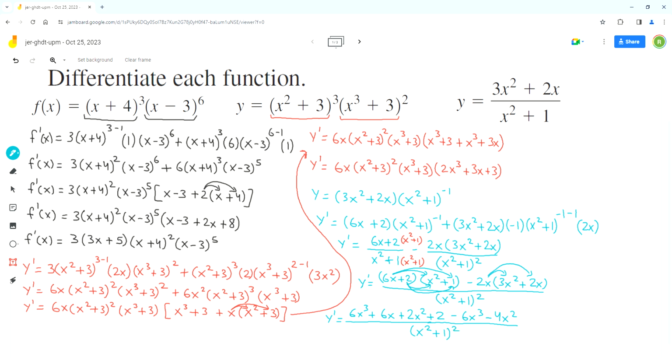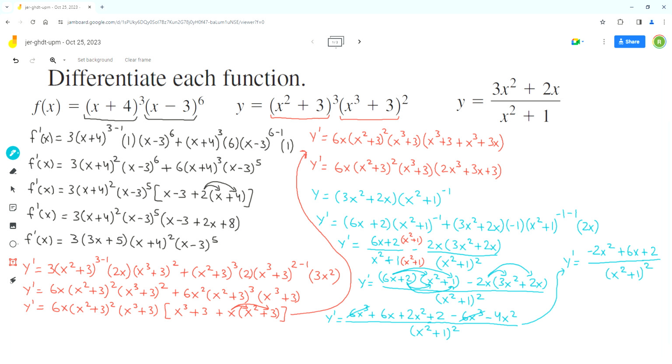Now we can combine like terms in the numerator. So 6x cubed and negative 6x cubed cancel each other out. And we can combine 2x squared and negative 4x squared. So we get y prime equals, so 2x squared minus 4x squared is equal to negative 2x squared, and then plus 6x plus 2 over x squared plus 1 squared.